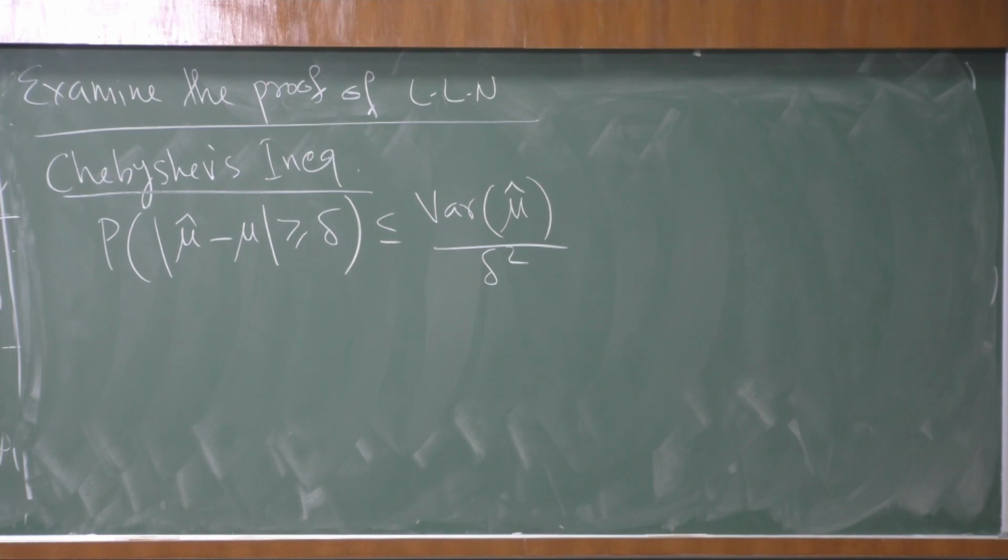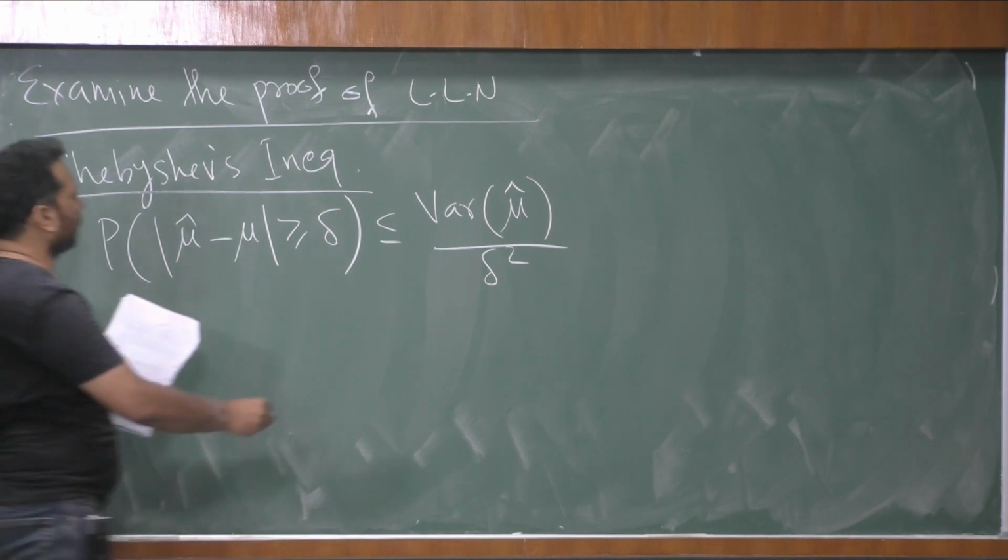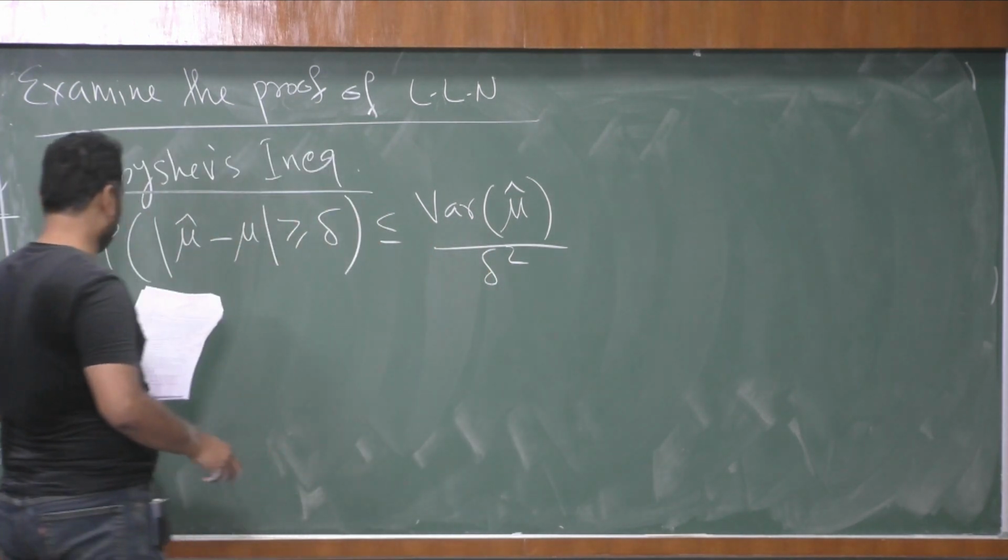From there, in our case, if it was IID, then the variance term would get simplified, because the variance will be the same for all the samples. But in our case it's not the case. So hence, without the assumption of IID, we have to look into what this variance term looks like.